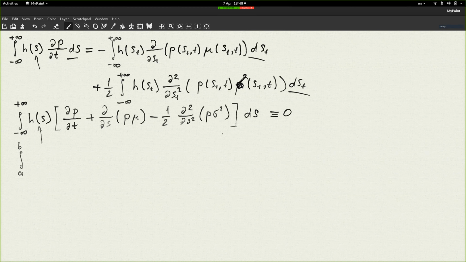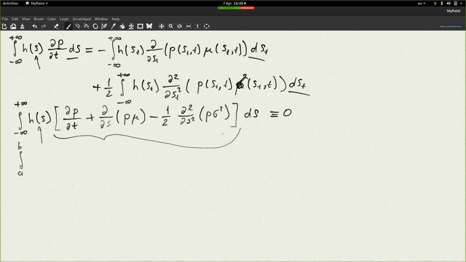Outside this interval, our function h of s equals 0. Therefore, what is the conclusion? If this equality holds identically for any h of s, absolutely any, only provided that it vanishes outside of AB and it is positive in the interval AB, it can only mean that the integrand itself must be equal to 0 identically. So this term is identically equal to 0.